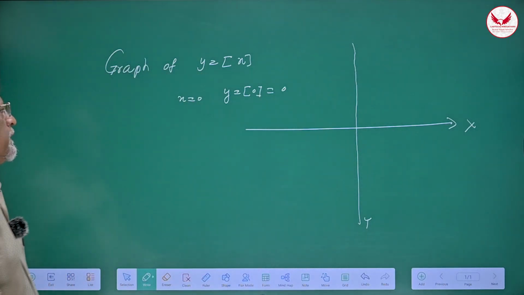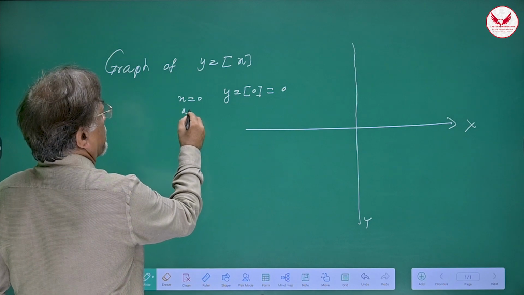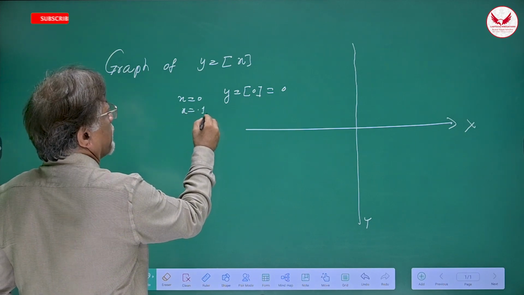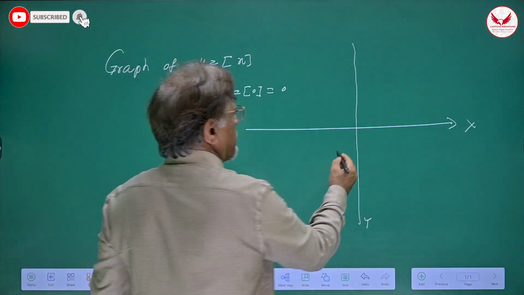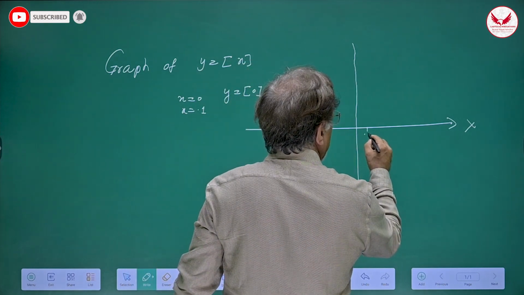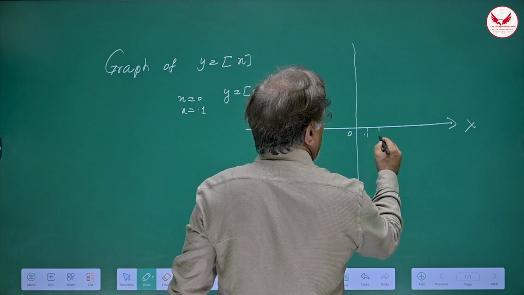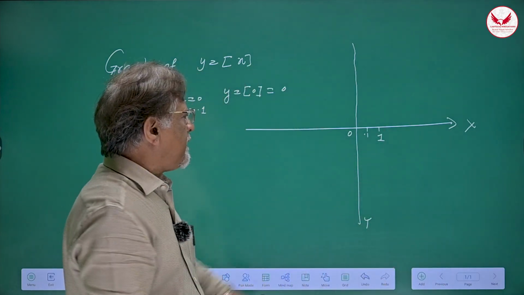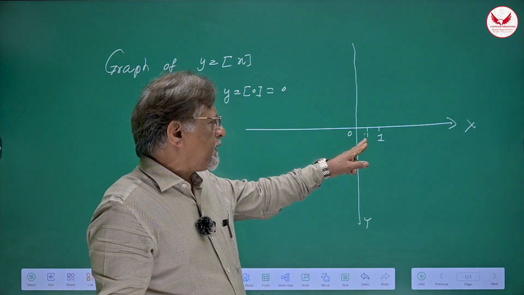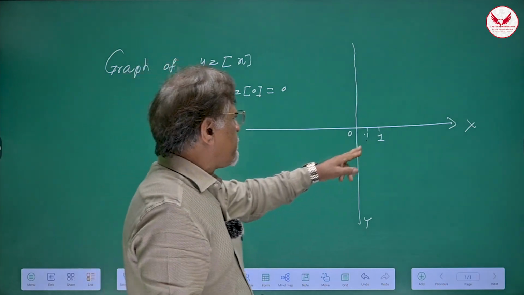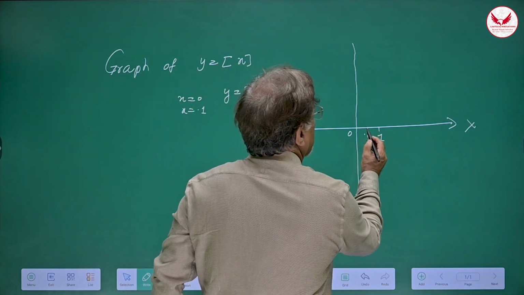Correct? Now, if x is 0.1, 0.1 will be somewhere here. So this 0.1 lies between 0 and 1. The immediate integer to the left of 0.1 is 0 only. So the value is 0, here only.